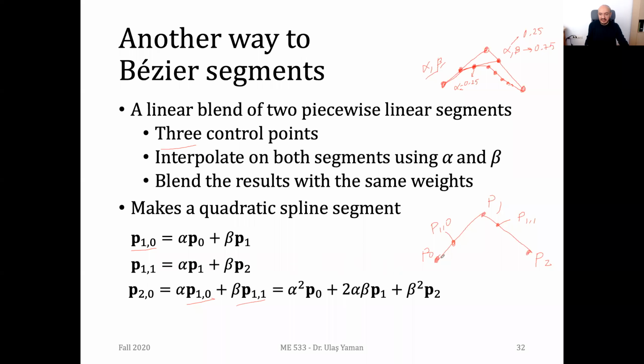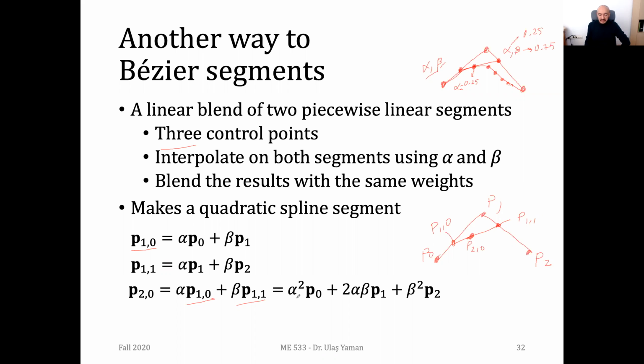So we are not using the initial control points. Instead, we make use of the intermediate control points, P10 and P11. We connect them, and we obtain such a point, and that is called P20.